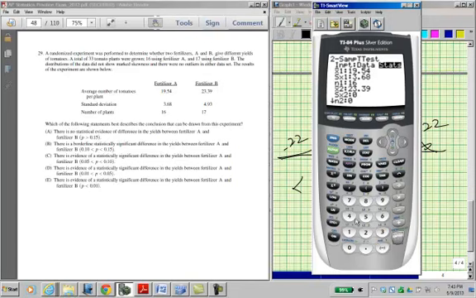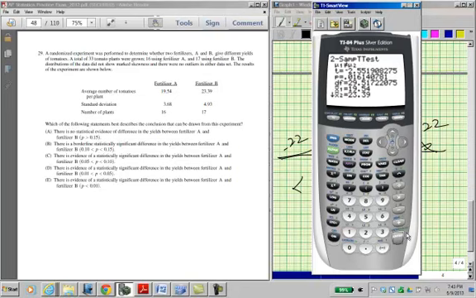Second standard deviation, 4.93. And then n is 17. The methods performed give different yields, not one greater than the other, so we're doing not equals. Arrow down. Pooled, no, we're not going to pool. Now we calculate.